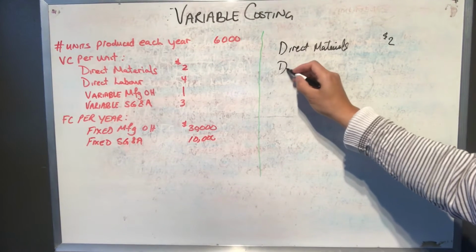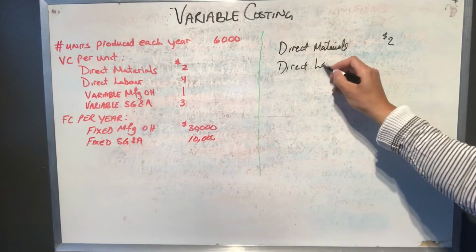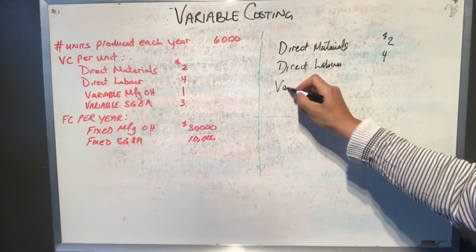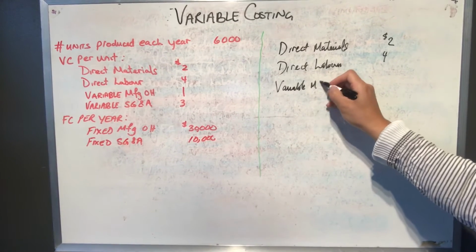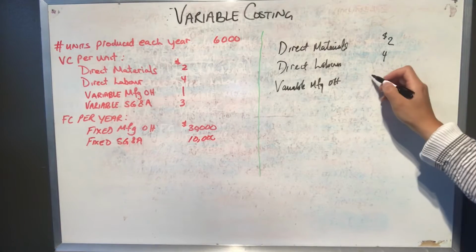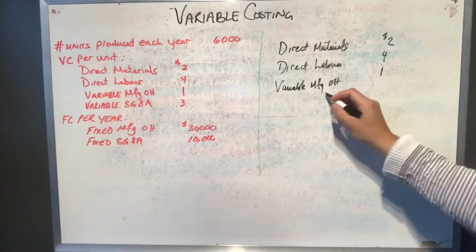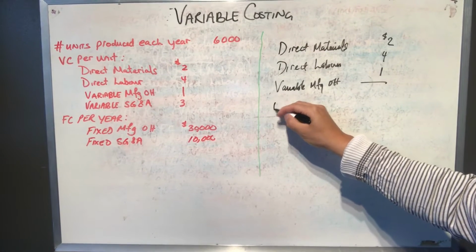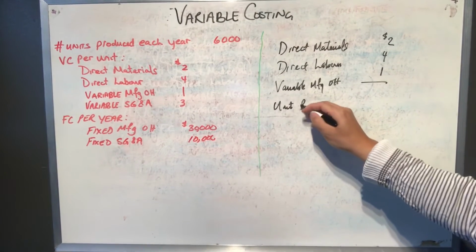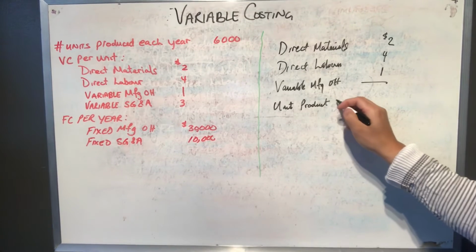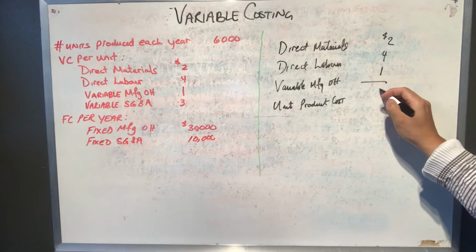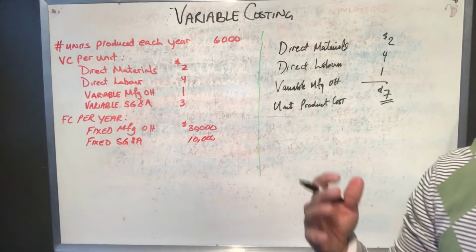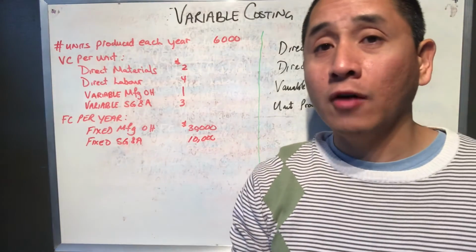Then there's direct labor, that's $4. The variable manufacturing overhead is going to be $1. So under the variable costing method, the unit product cost is $7 only, as opposed to under the absorption costing method, where it would be $12.